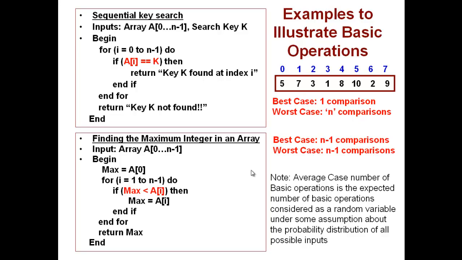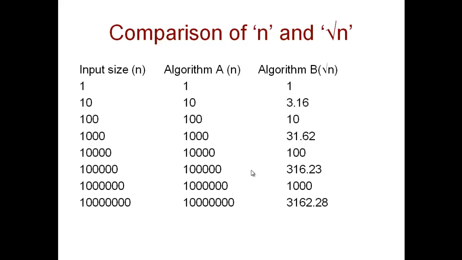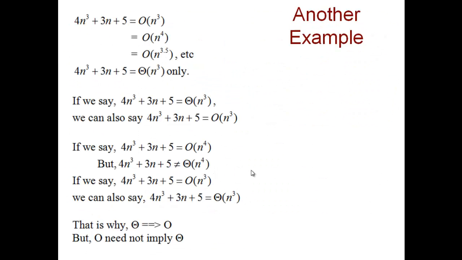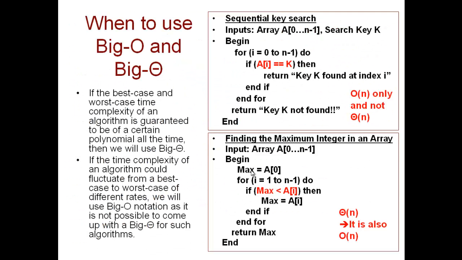So when the best case is the same as the worst case, it's like the tight bound scenario. So the most appropriate notation to use is theta. Okay, so we can say the time complexity of the algorithm is theta of n. But since we can say the time complexity is theta of n, and theta implies big O, we can also say the time complexity is big O of n.